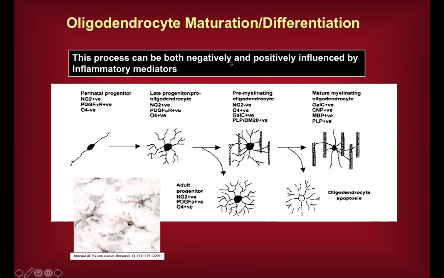The point I really want to make here is that this process is both negatively and positively influenced by inflammatory mediators. A lot of times when you're trying to enhance repair, there are mediators that will increase this process to try to remyelinate under damaged conditions. And under really high inflammatory conditions, this process is halted. So not only might you cause demyelination and death of oligodendrocytes, but you also may inhibit the progenitors from differentiating.